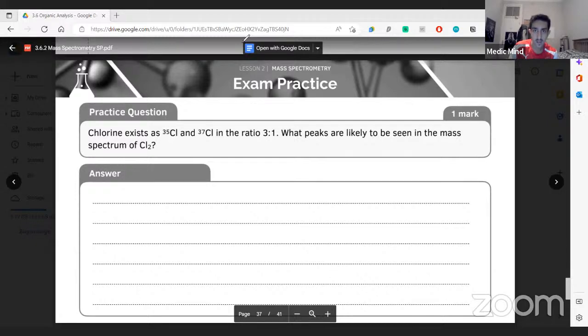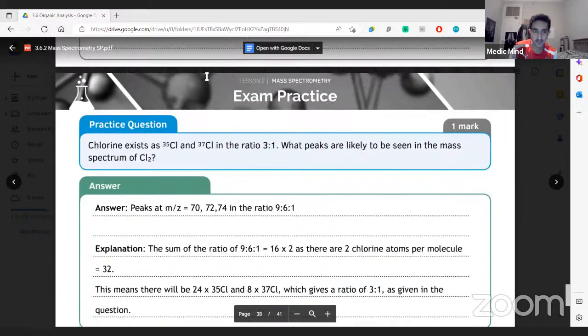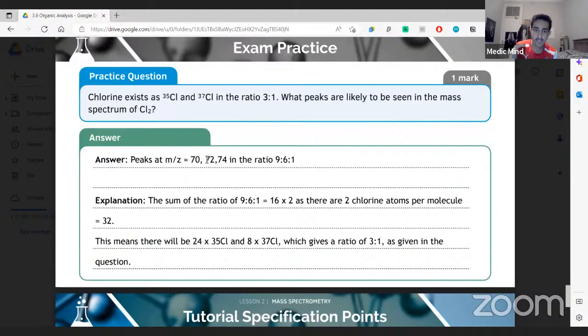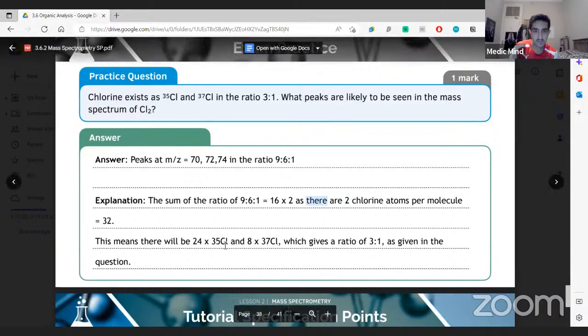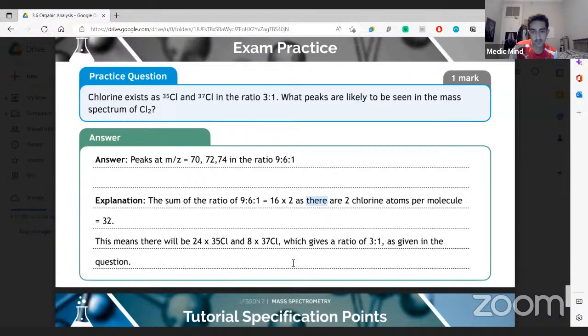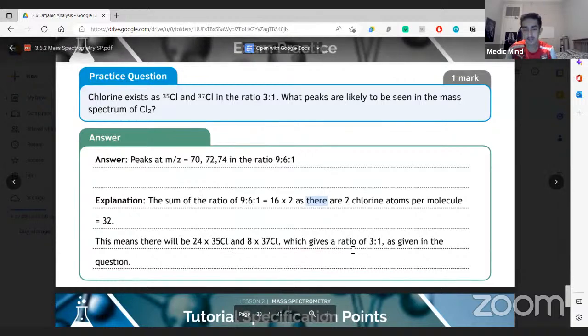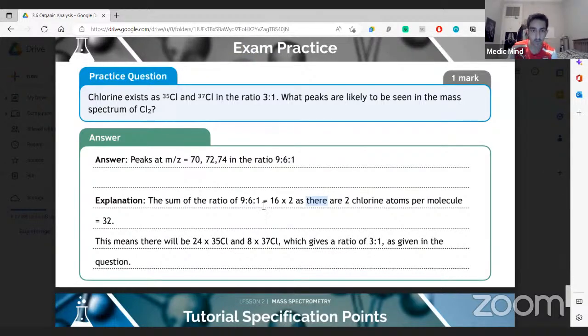Okay, we've got a couple of different answers here. So I would expect to see 3 peaks: a peak at 70, a peak at 72, and a peak at 74. And the ratio of these peaks will be 9 to 6 to 1. The sum of these ratios will be 16, so there'll be 24 Cl35s and 8 Cl37s, which works back to give you the ratio of 3 to 1.